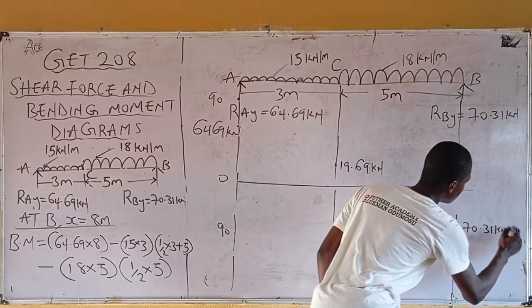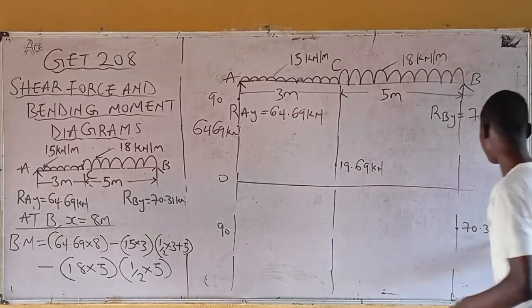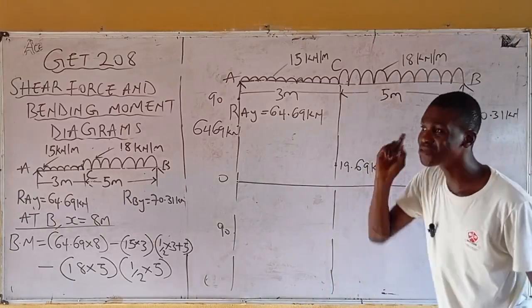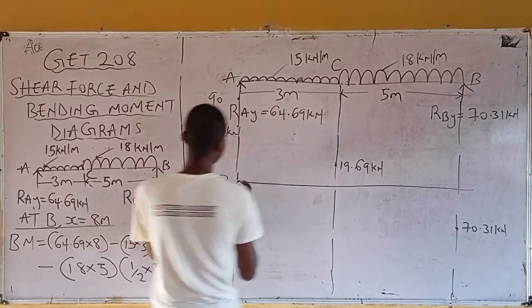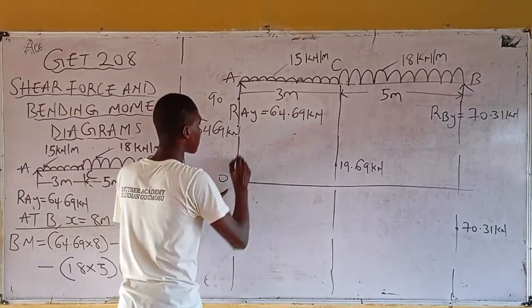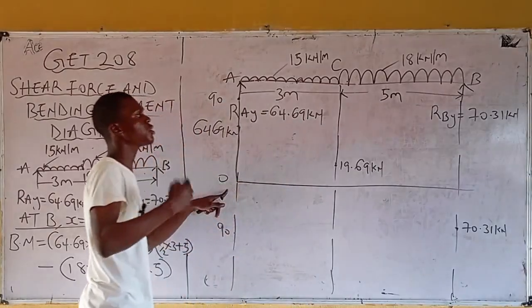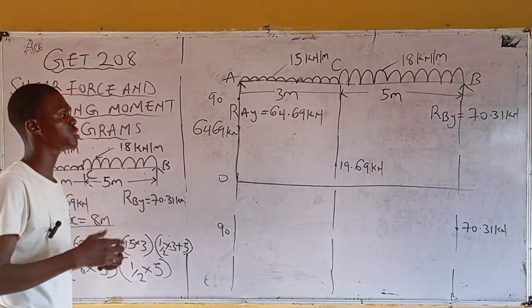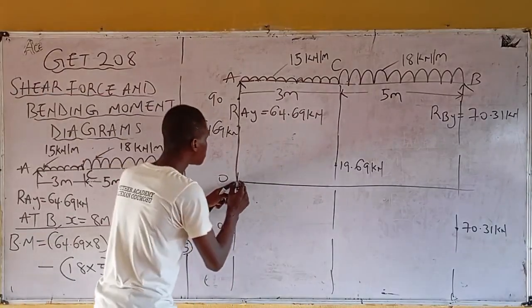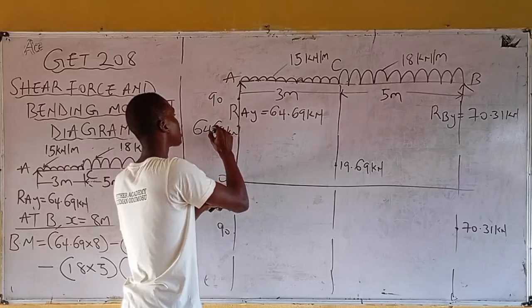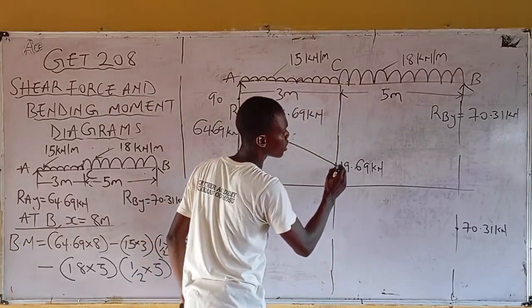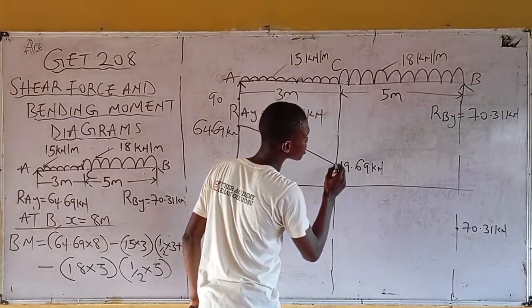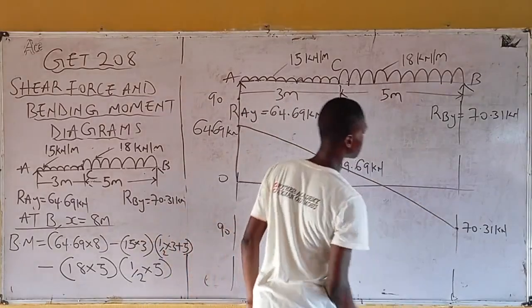When drawing this line, what did I tell you guys? Respectively. Important, respectively. Meaning I'm starting from 0 to 64.69, then to 19.69, then to 70.31, to 70.31, and back to 0.